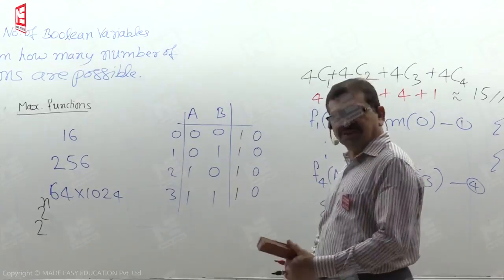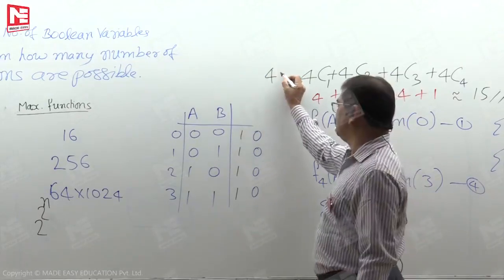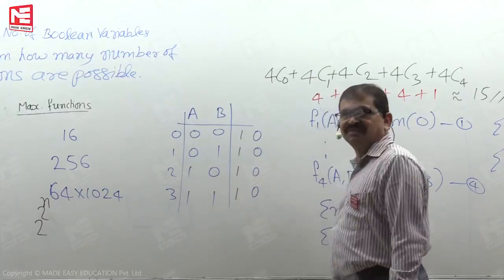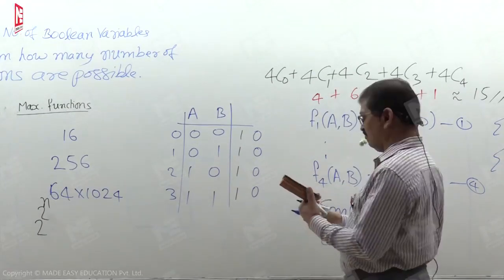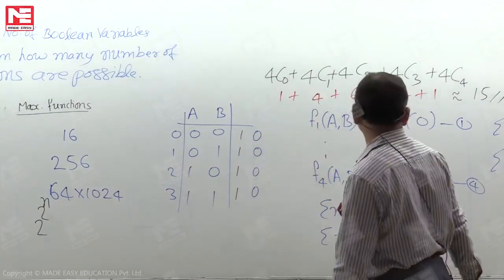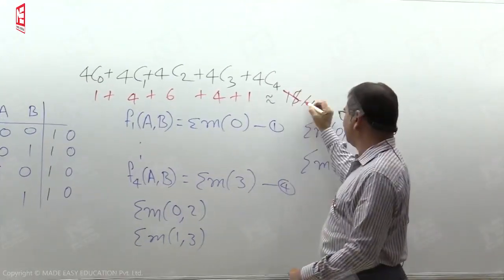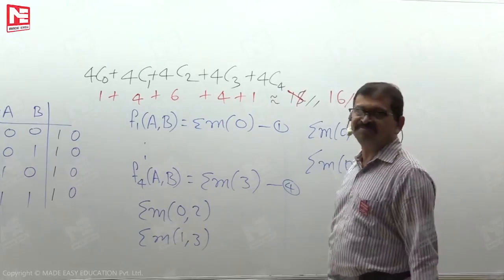When all the combinations are the maxterms, then it must be 4C0, which is 1. In that case, the answer is not 15. The answer is 16.